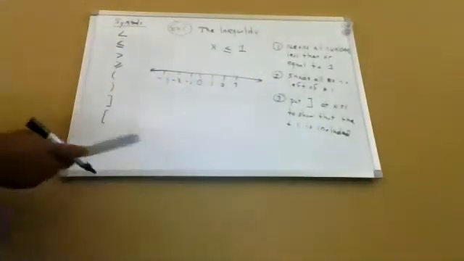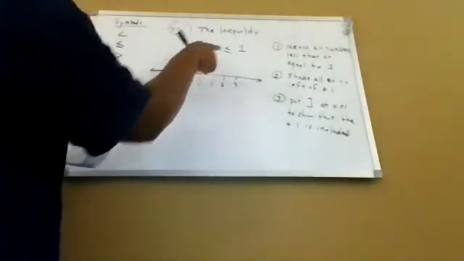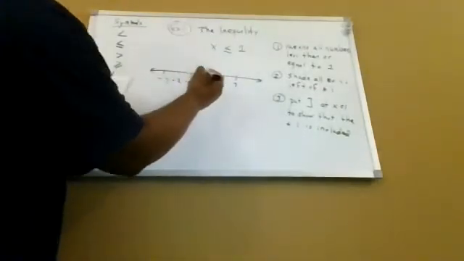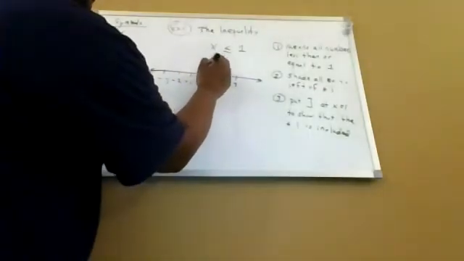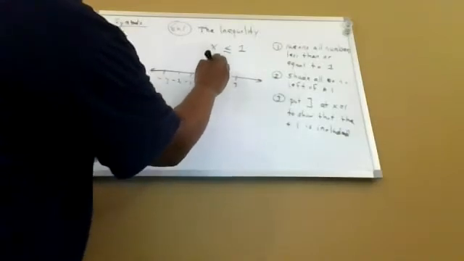So what you want to do is this inequality, x less than or equal to 1. At the number 1, we want to put this bracket.